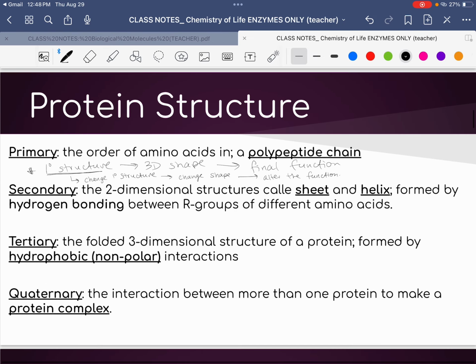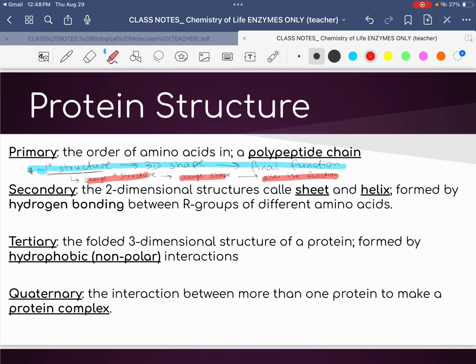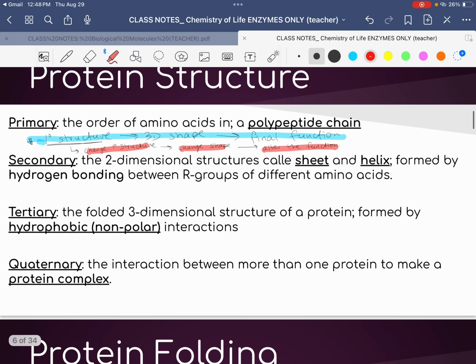Okay, that's a really key concept to understand. If you change the structure, then you change the shape and you alter the function. That can either be a good thing, a bad thing, or not really have any ultimate change.